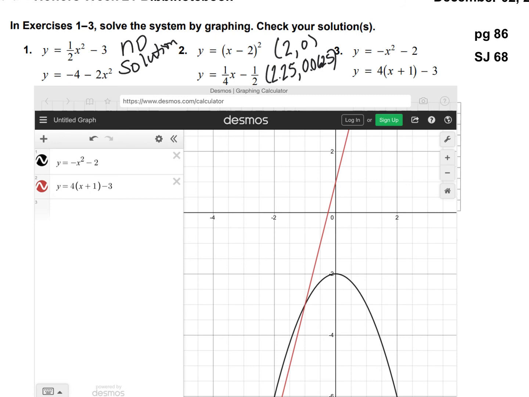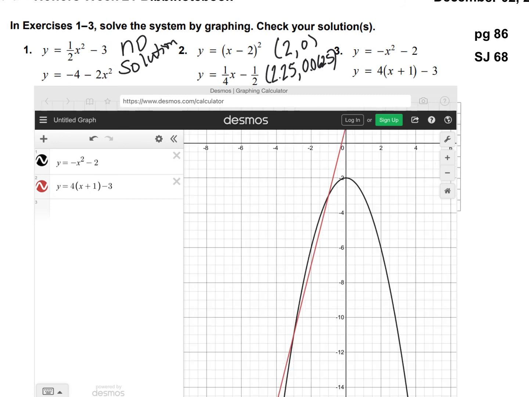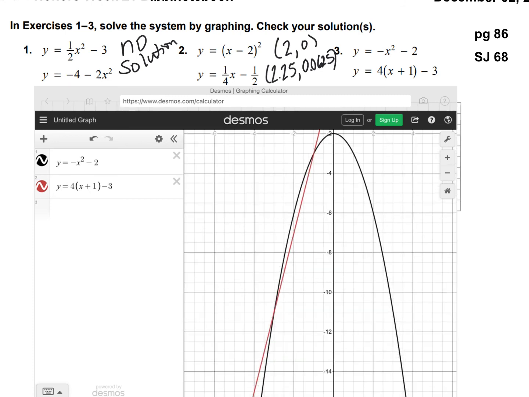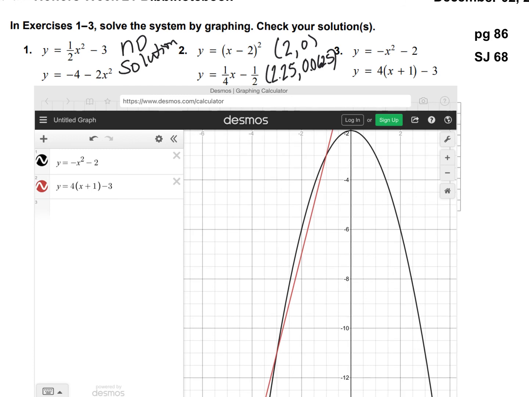There we go. So I have to zoom back out. Now it looks like 2 points of intersection. Here is one.